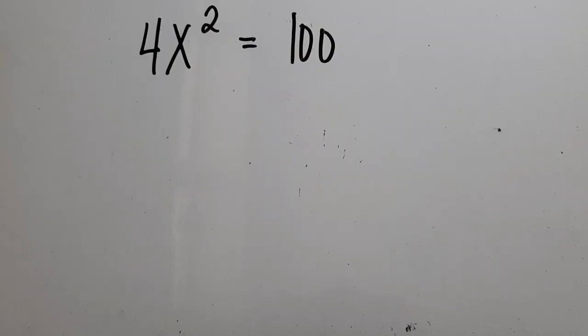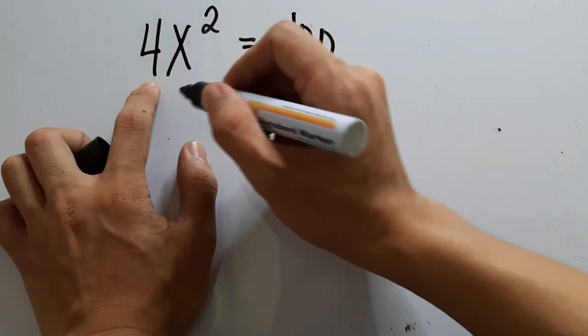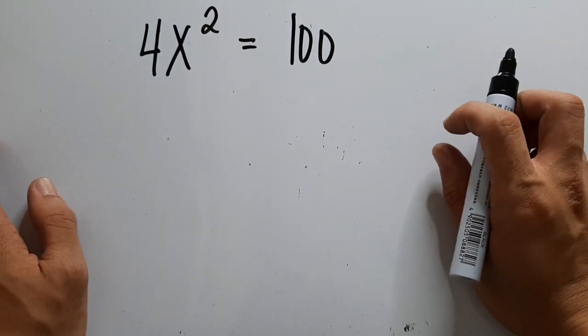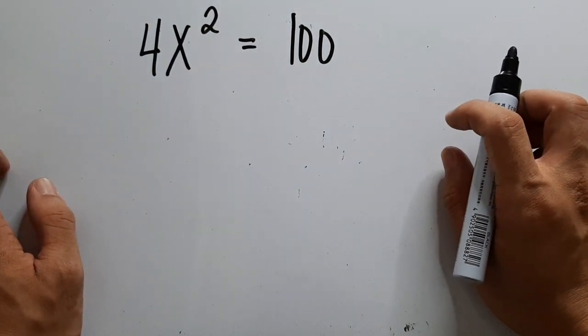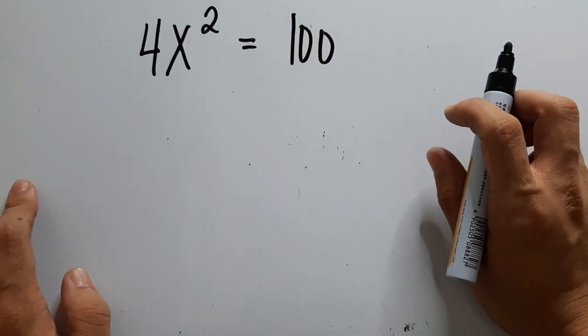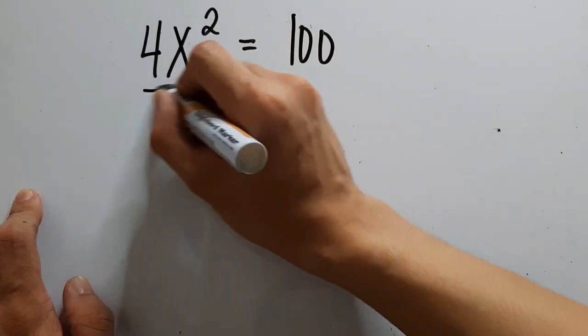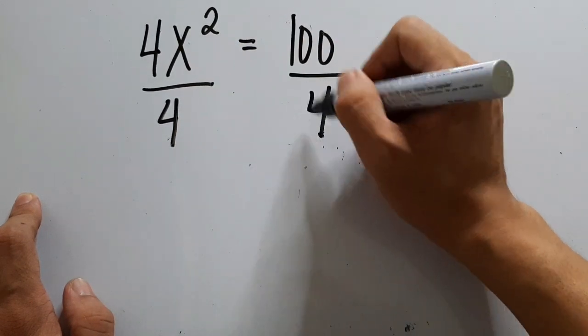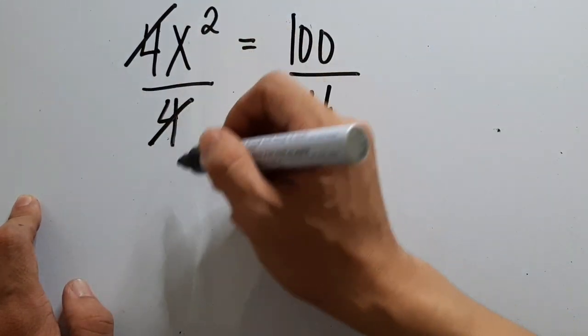Have another example. So we have 4x squared is equal to 100. The first thing to do is to remove the numerical coefficient of our first term. So, kailangan matanggal muna ang 4 dito. So, para matanggal si 4, i-divide natin siya sa value niya, which is 4. And then we have cancel.